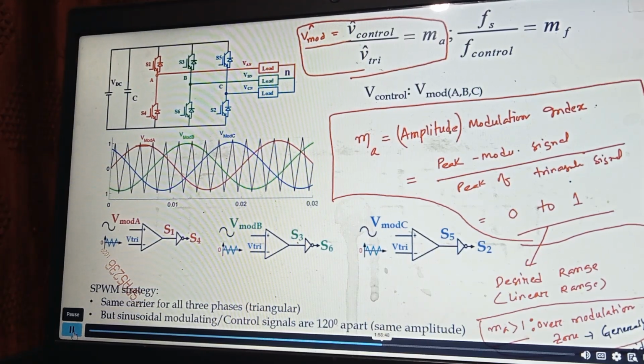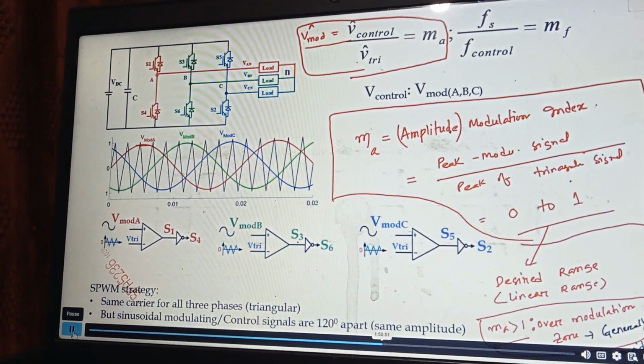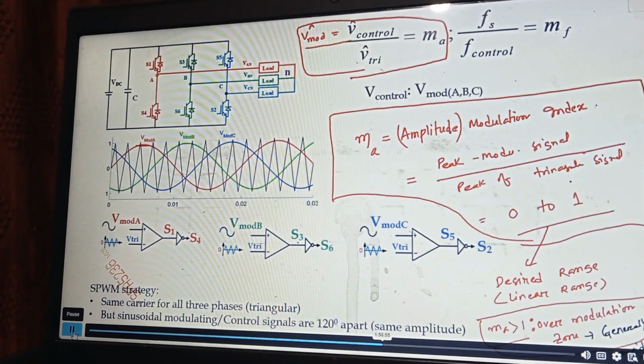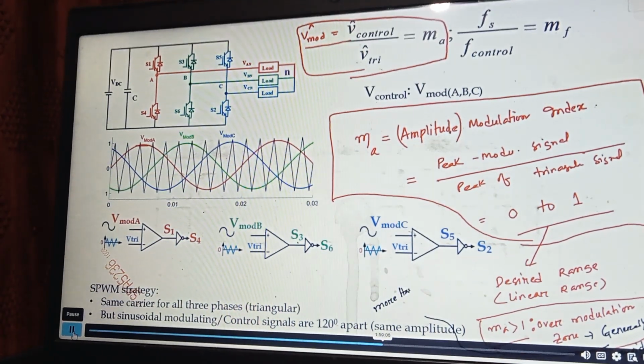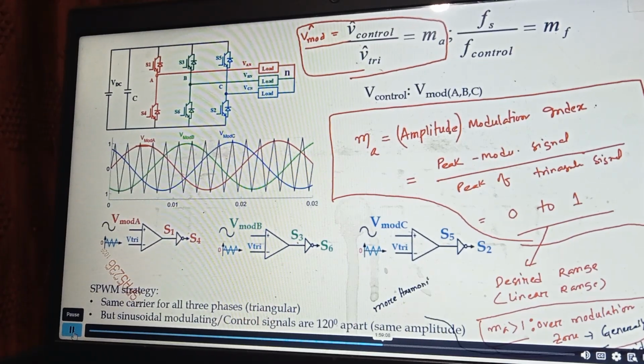You can ask a question, why is it not more than 1? Sometimes we go more than 1, but the problem with more than 1 is that it introduces more harmonics. Why do we avoid it? Because it generates more harmonics. Generally, more harmonics generate more torque ripple, and also sometimes more losses.